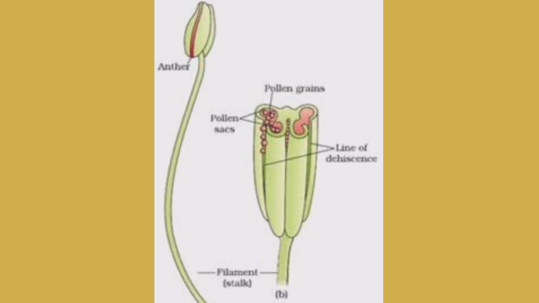It is the male part of the flower. It consists of a thin stalk called the filament and the anther on the top. Each anther lobe contains pollen grains. Function of androecium: it acts as the male part of the flower and produces pollen grains which take part in the process of reproduction.